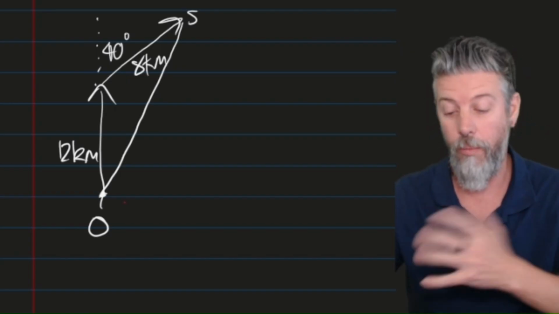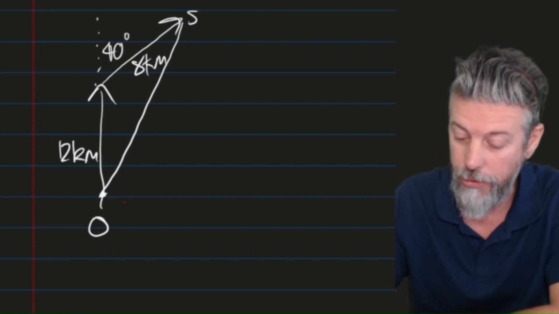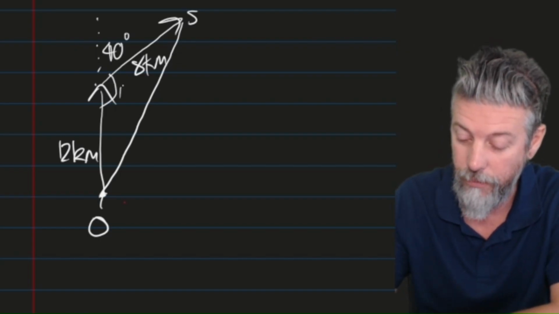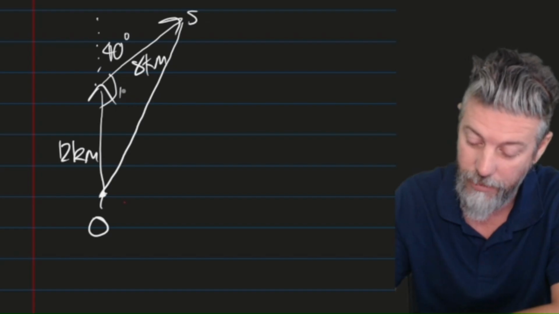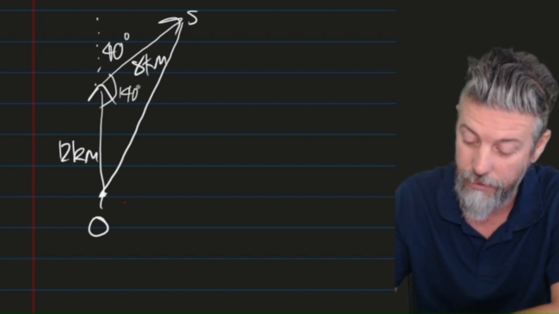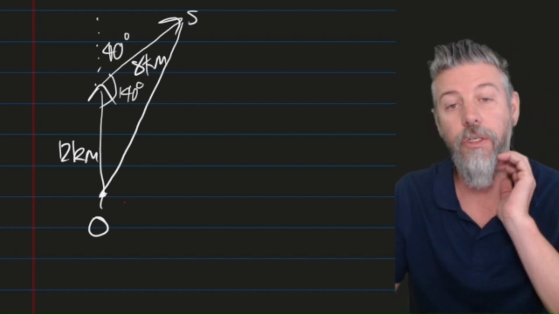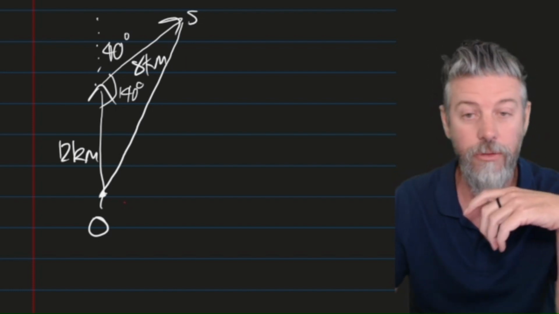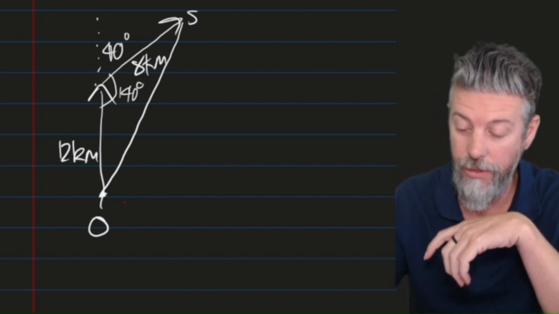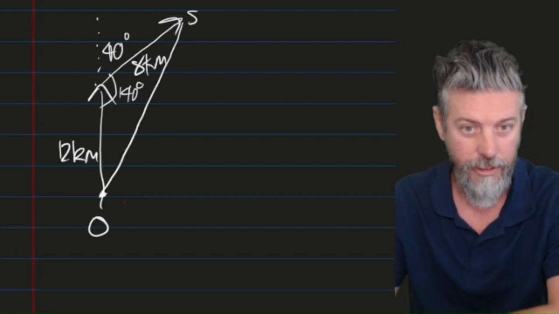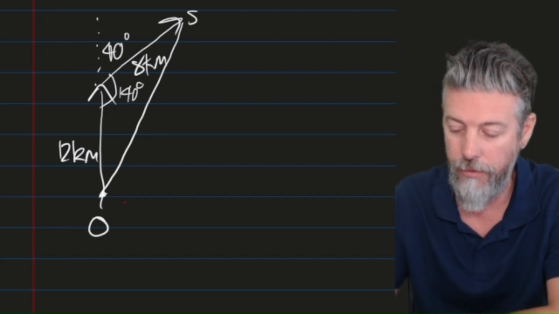So we have to decide which one this is. Well, we've got this included angle here. That's going to be 140 degrees. I've not left myself a bunch of space in here. That's 140 degrees. And so if we've got two sides side by side and we're looking for this third side, then hopefully you can identify that we're going to be using the cosine rule.